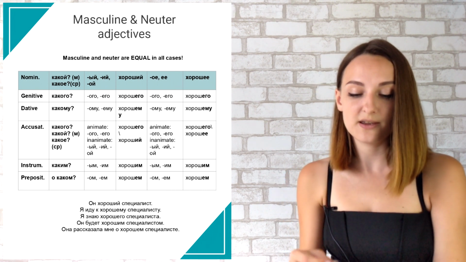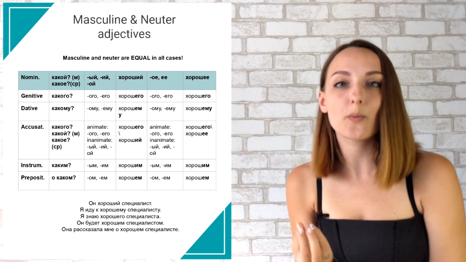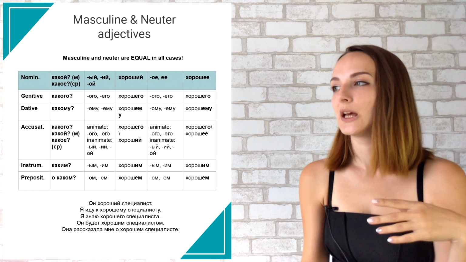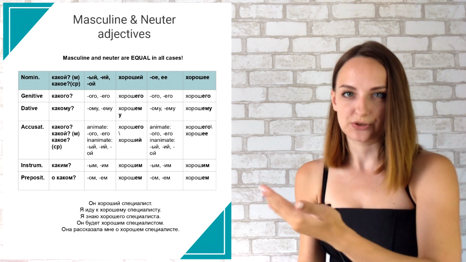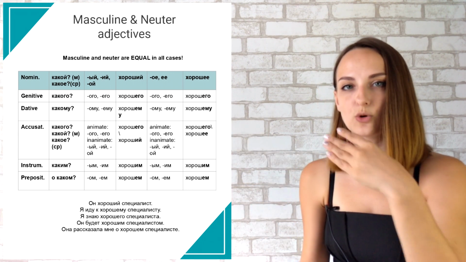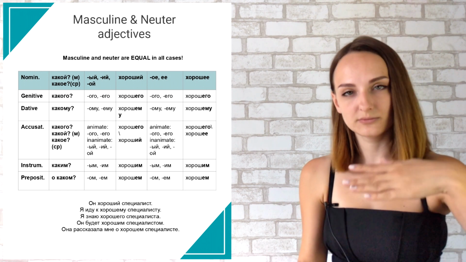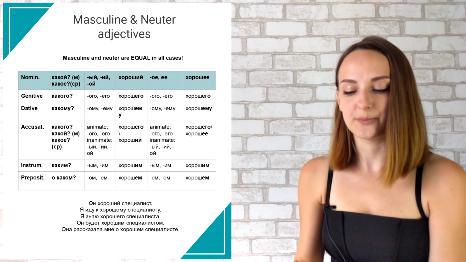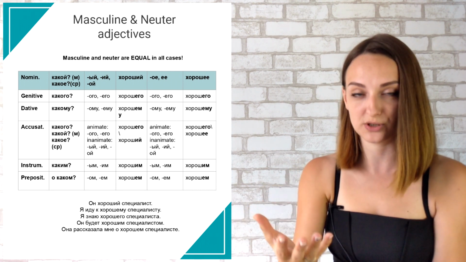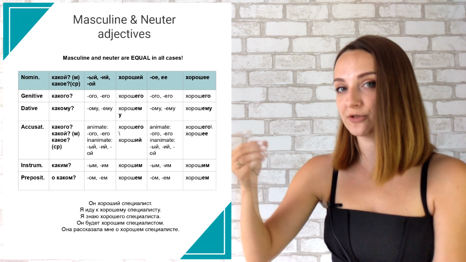And that is why if the object is inanimate, we use the same form as nominative case, right? So, for example, you can say I see a good person. Я вижу хорошего человека. I use ending его because it is animate adjective, right? Хорошего человека. Или я вижу хорошего животного. Животное is a neuter word, but it is animate word. That is why хорошего животного.